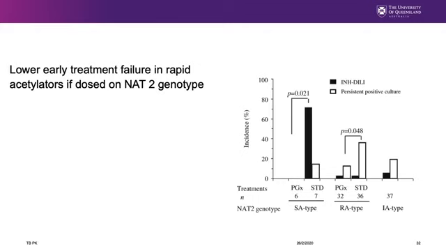Other ways people have looked at trying to measure this, which is probably an important process, is looking at the isoniazid metabolites. So if you look at the ratio of, I think it's acetyl isoniazid, at 4 hours, how much isoniazid have you metabolized to its end product? And people will use a breakpoint of 1.5 to say fast or slow acetylation.